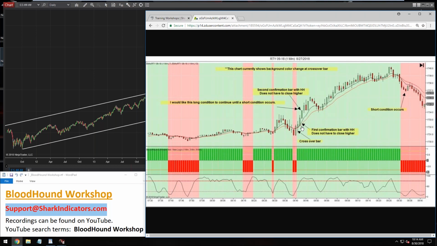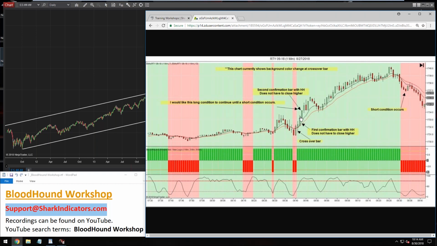But we also want to add a couple of confirmation conditions here. So we're looking for one higher high wick above a previous bar, and then a second higher high above the previous bar.